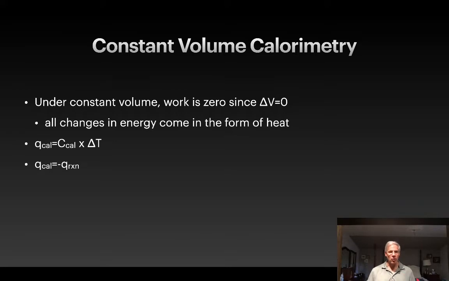We know that overall the calorimeter with the water and everything is going to have an opposite heat change to that of the reaction. So all of the heat comes out of the reaction, goes into the calorimeter environment. So they have an opposite sign in terms of the amount of heat. And the delta E of reaction is just going to be the heat of that reaction. So just a lot of little manipulations there to get to a change in energy of the reaction.